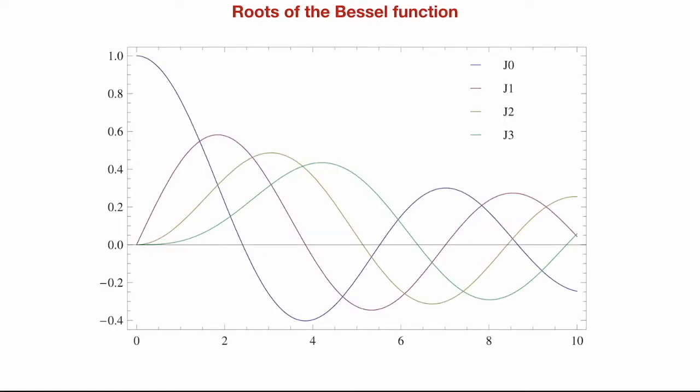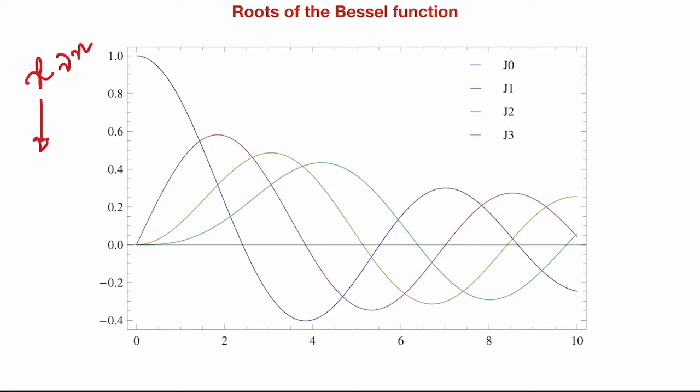Let us look at them a little more carefully, and let's get the exact values of various roots of Bessel functions for various orders to see if we can make something out. In this case, the nth root of the Bessel function of order nu is represented by x nu n.